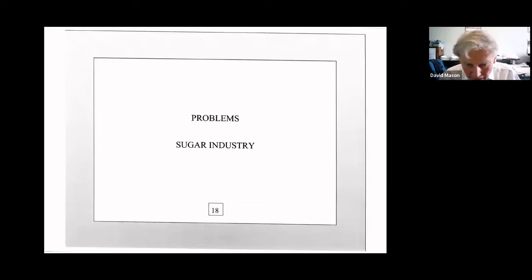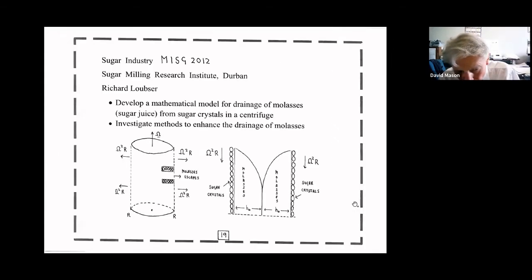Now, I'm going to discuss in detail some problems. I've got 5, but I don't think we'll be able to get through 5, so maybe see how we get on. A problem from the sugar industry. This was submitted to MISG 2012 from the Sugar Milling Research Institute in Durban.